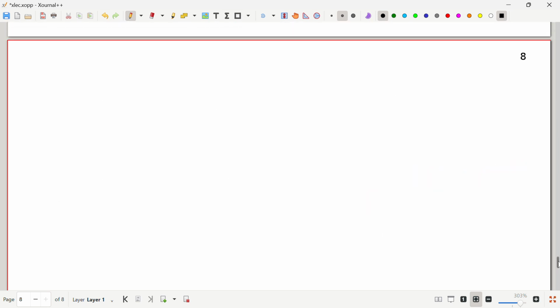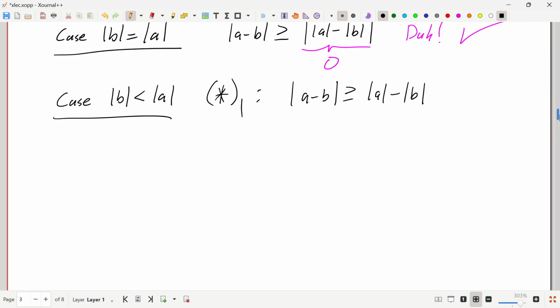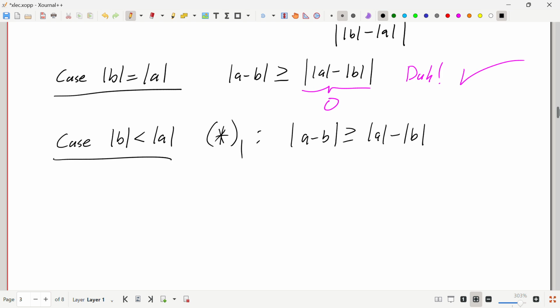Never did that before. This thing right here would be positive, and so it would be equal to its absolute value. So check.